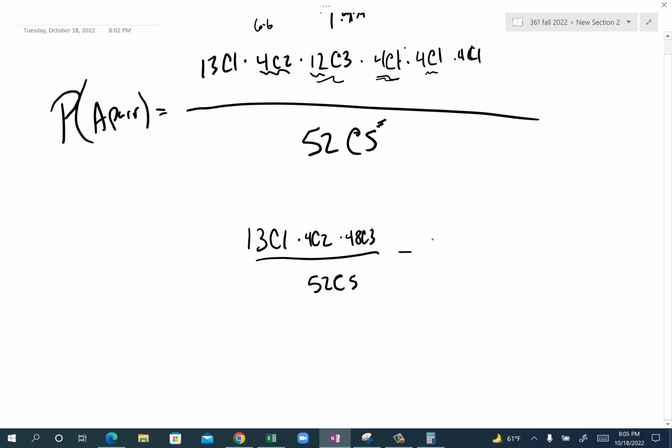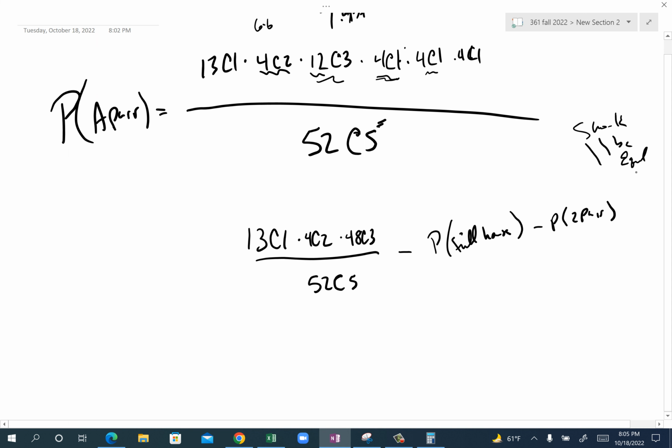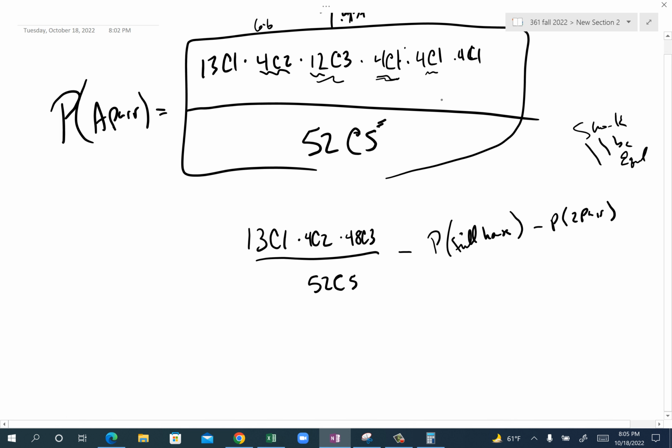But if I had to subtract off the probability of a full house minus the probability of 2 pair, these two should be equal. Should be. Because that's really the only 2 things that they differ in. Okay? But this is the way to do it. And the one on the Wikipedia page shows that as 4 cubed, just in case you're wondering where that came from.